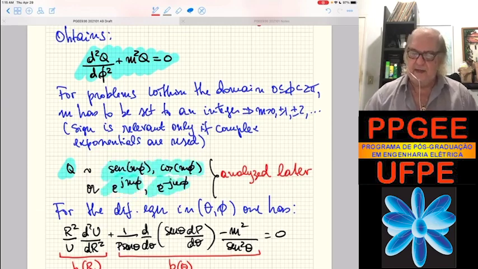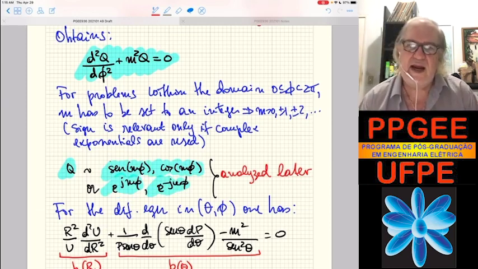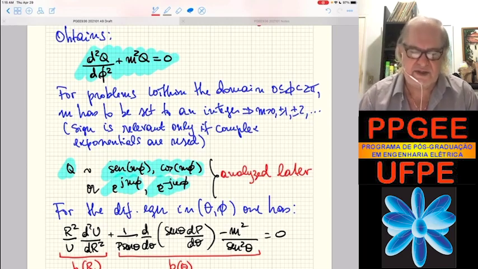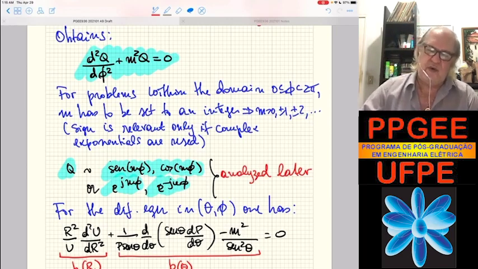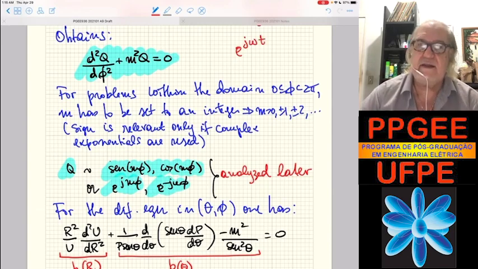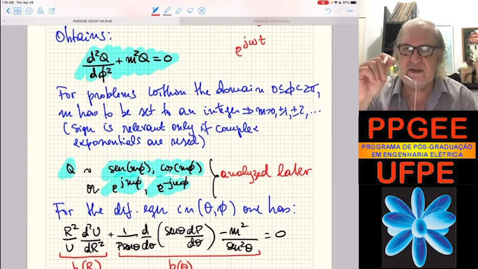Okay, just a remark that I didn't make in the beginning of this course. We are in an engineering program, electrical engineering. So in electrical engineering we use exponential of j omega t as time varying functions, for instance.